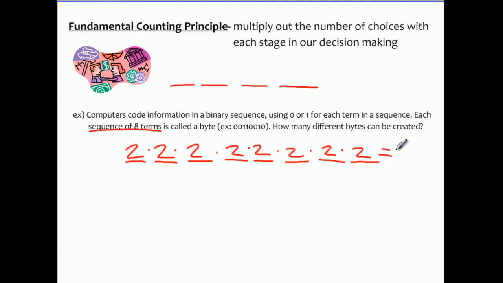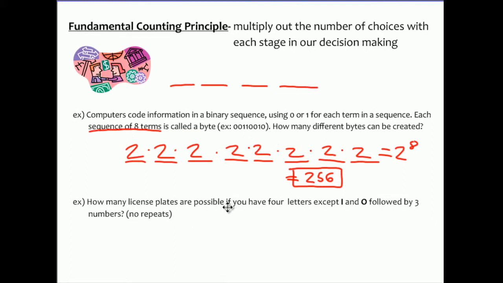So this is 2 raised to the power of 8, or in other words, 2 raised to the power of 8 is 256. So we list out the number of decisions that we can make, and then slide in a number for the number of choices at each stage. Let's have a look at another example.